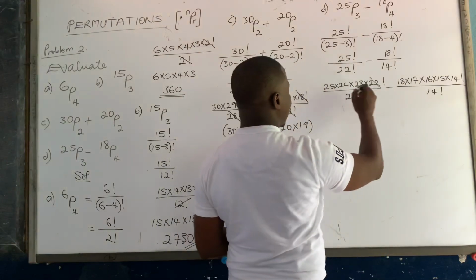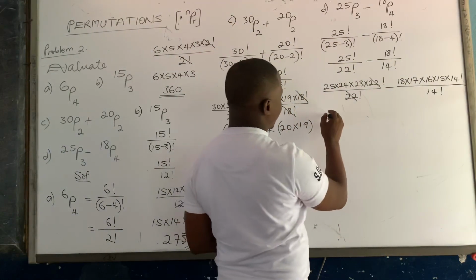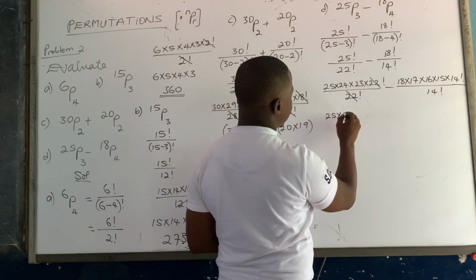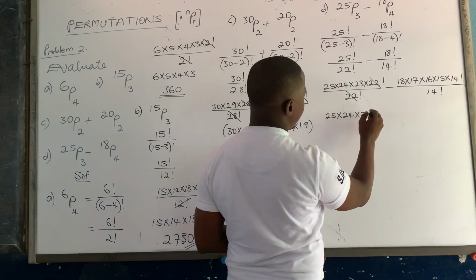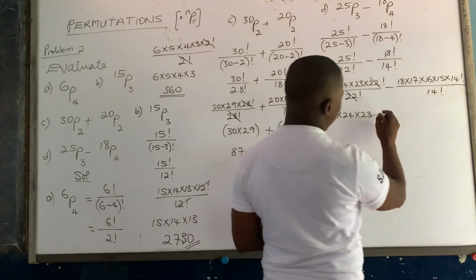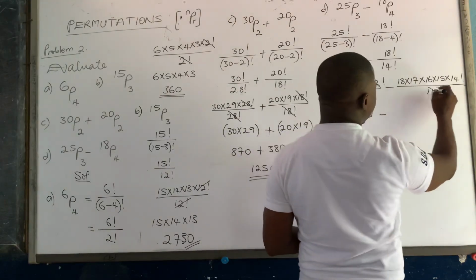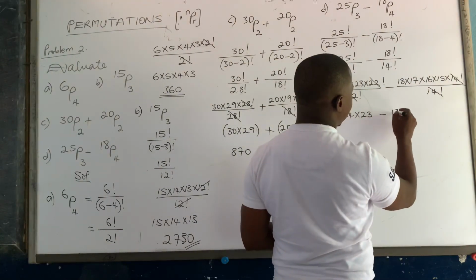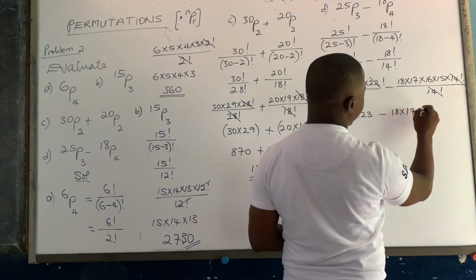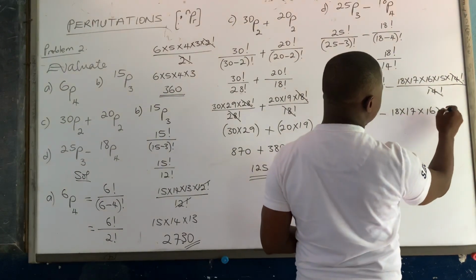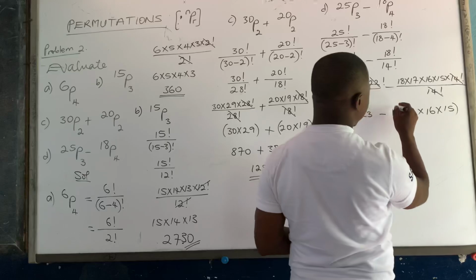So this takes away this. We are left with 25 multiplied by 24 multiplied by 23 minus, this takes away this, we are left with 18 multiplied by 17 multiplied by 16 multiplied by 15.